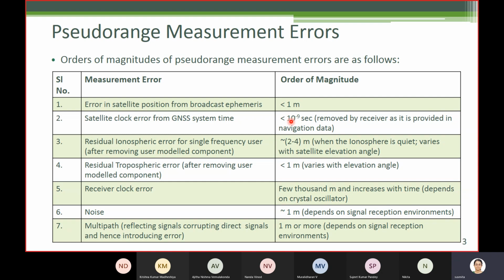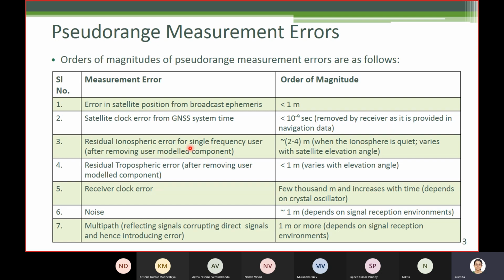So the receiver can remove this clock error from the pseudo-range measurements by getting the relevant parameters from the navigation data. Okay. This is small and it can also be removed from the pseudo-range measurement using the information given in the navigation data.